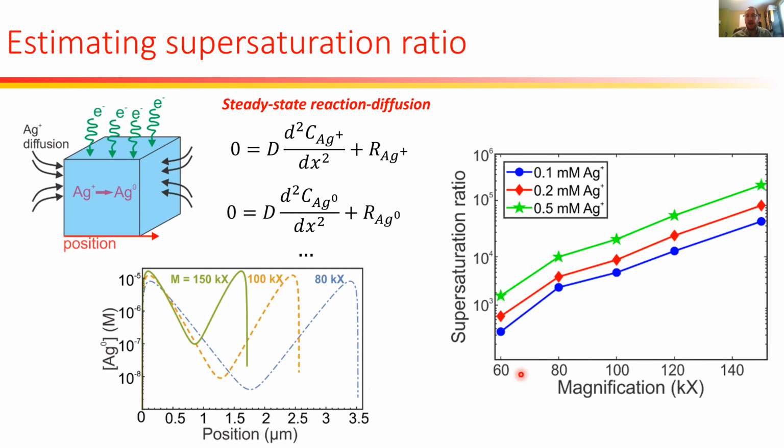So this gives us a nice knob to tune our nucleation parameter, the supersaturation ratio, and we can approximately know what it is. Also, we see that the precursor concentration determines supersaturation ratio as well. And I'll note these numbers are huge, 1,000 up to 100,000. This is pretty typical for a typical nanocrystal synthesis that you would do in a wet chemical lab.